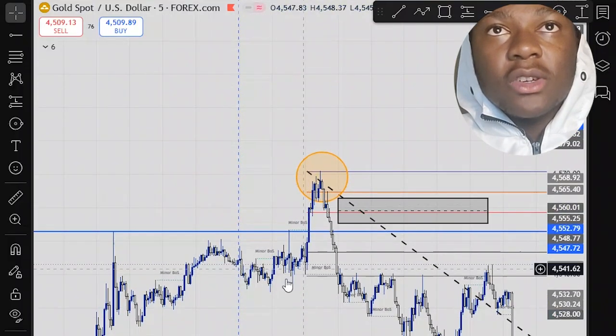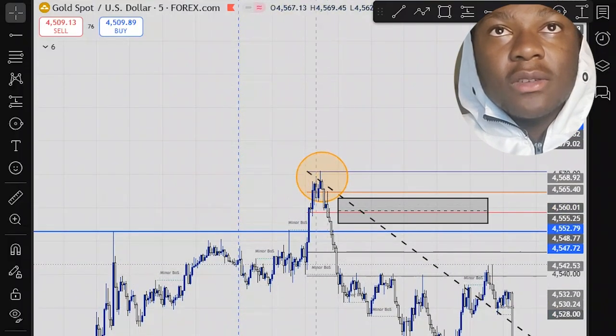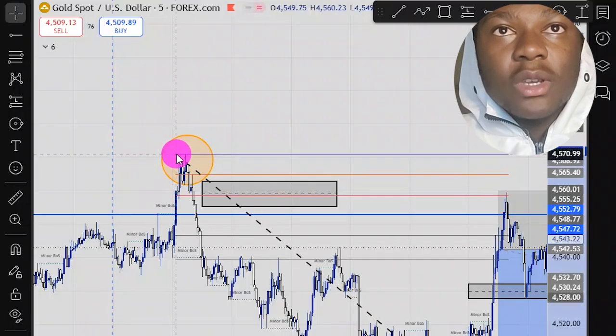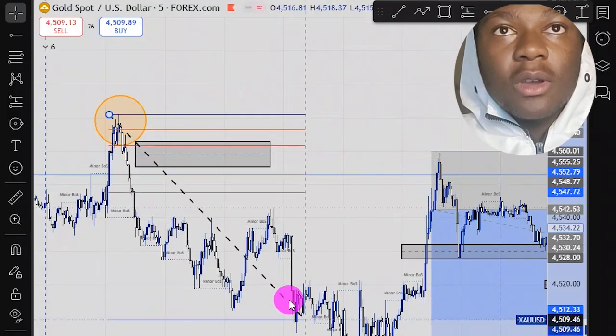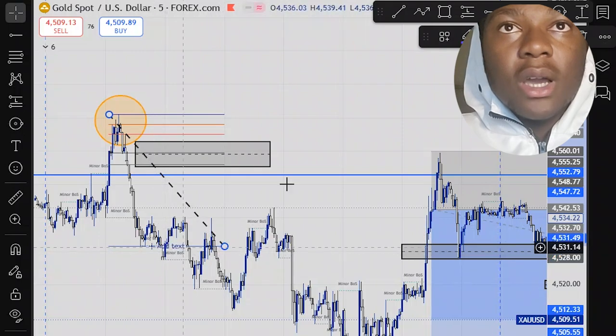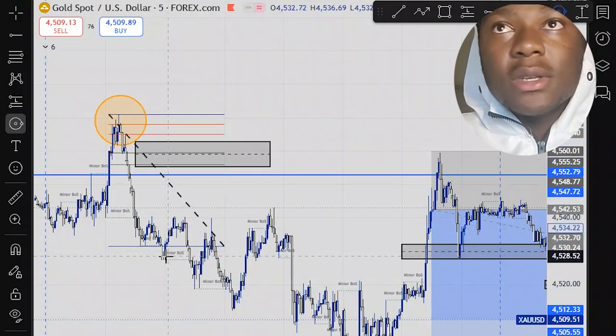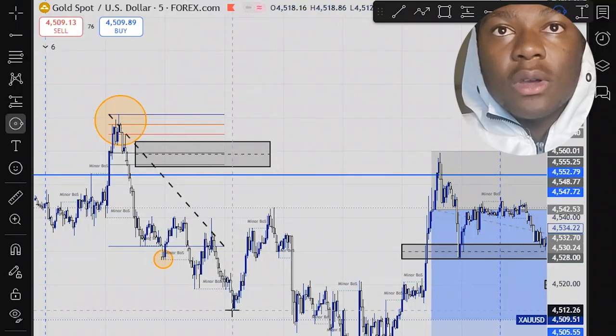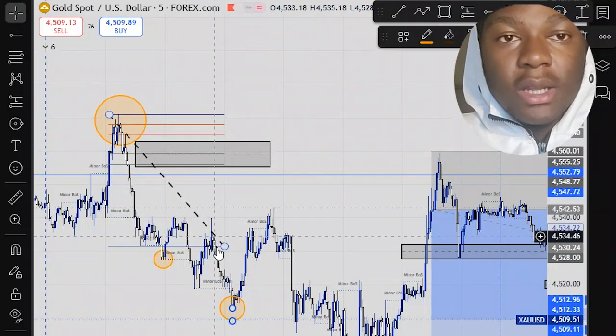After we break structure, we drag our Fibonacci from swing high all the way to the swing low. But now you see what happens. More lows are created and we don't get tapped in here. So what you're going to do is extend your fib tool until you have one that touches the black line.